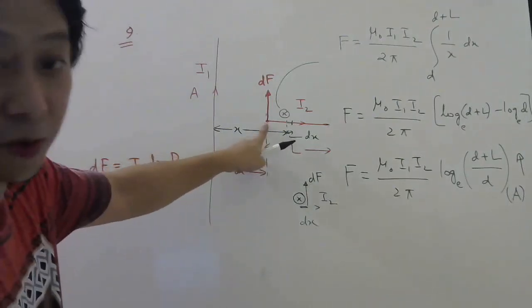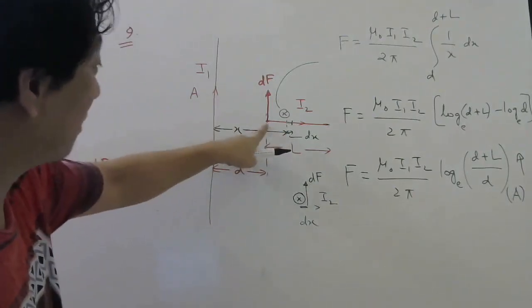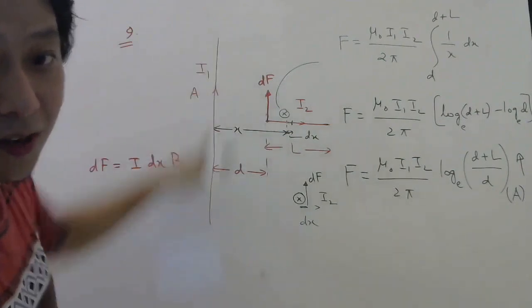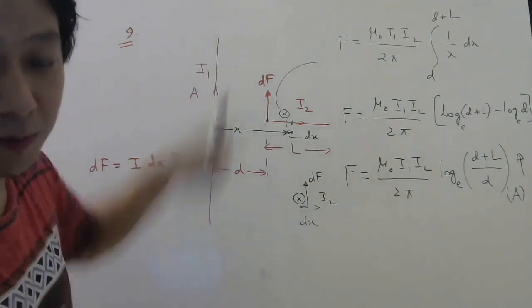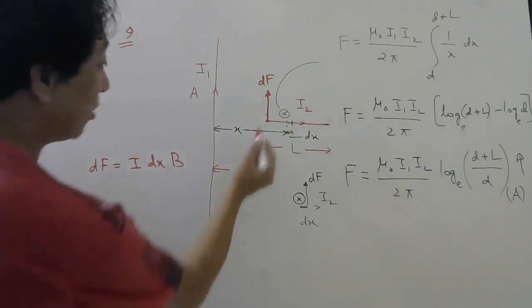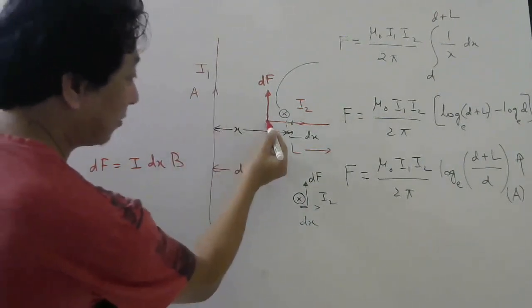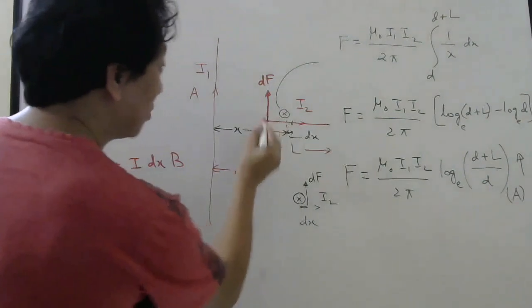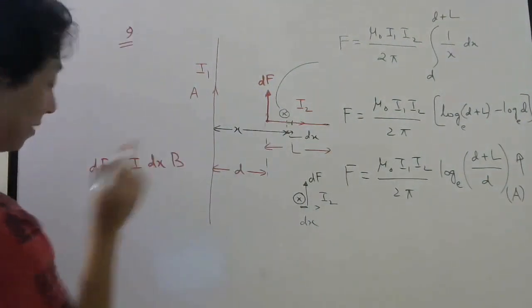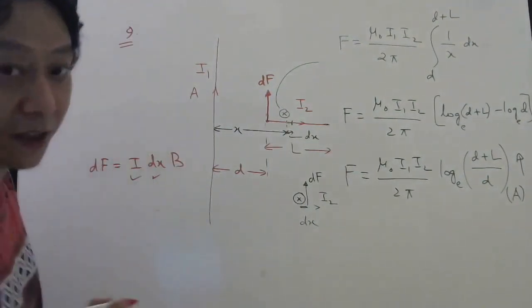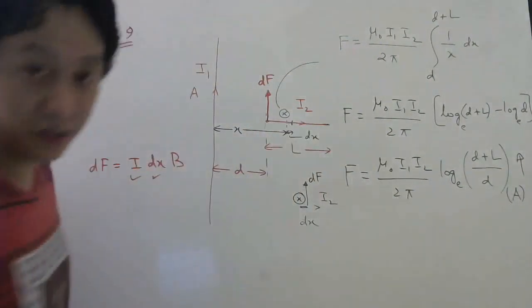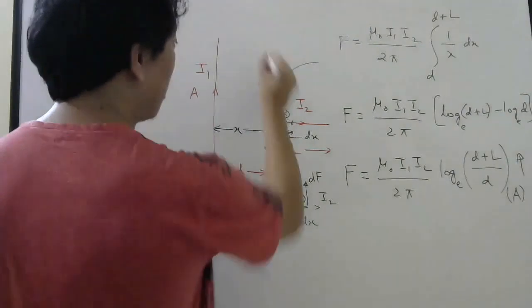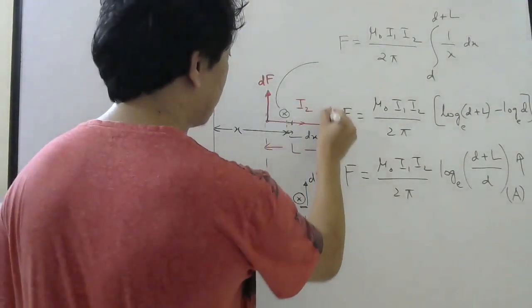B here will be more because this part is nearer to this wire. The magnetic field produced by this wire is inversely proportional to distance. So when you are nearer to this wire, the magnetic field will be more than here. So the current I is the same, dx is the same, but B is more here than here. Understood or not? Therefore this part will feel more dF than this part.